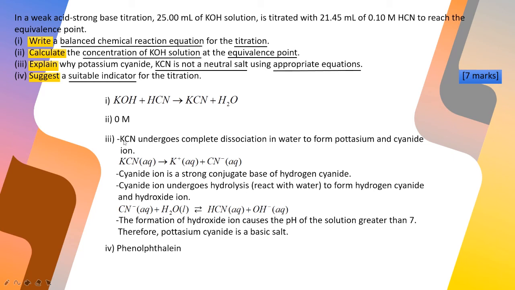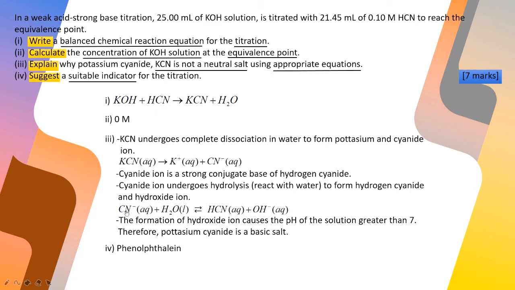The first point is: KCN undergoes complete dissociation in water to form potassium and cyanide ions. The equation is KCN to K plus aqueous and CN minus aqueous. The second point is: cyanide ion is a strong conjugate base of hydrogen cyanide. The third point is: cyanide ion undergoes hydrolysis, which reacts with water to form hydrogen cyanide and hydroxide ion.